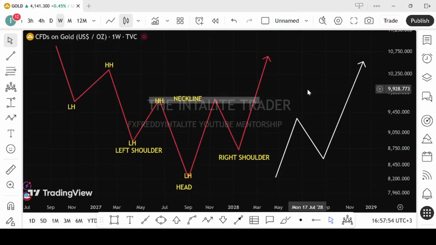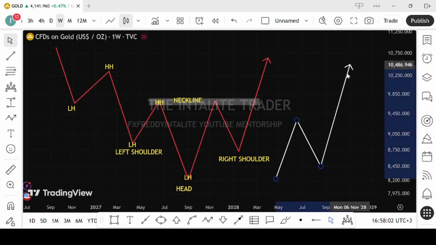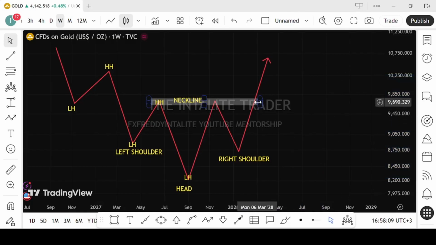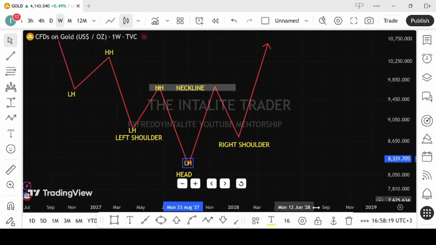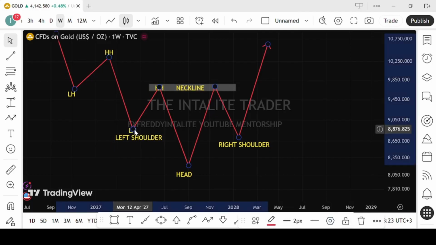If you remember trend change patterns, this is a higher low and a breakout confirming a bullish bias. So this is a neckline, and a break above the neckline is what confirms the pattern.